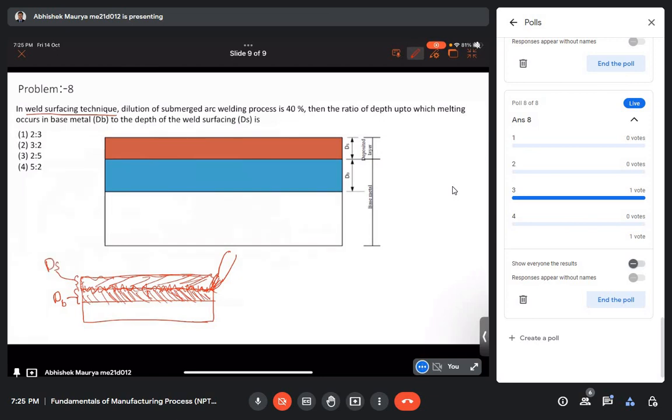And there is a term called dilution, and dilution is defined by the thickness of melted base material, db, divided by db plus ds. So this term is called dilution. Now you can try, and probably you will be able to find the answer. You can take some time.